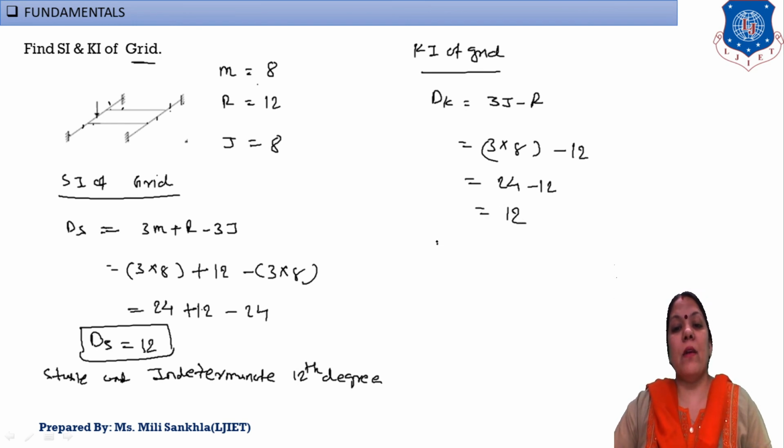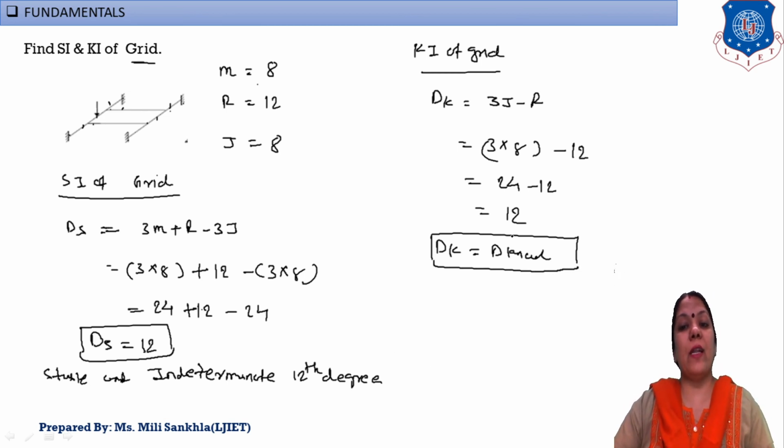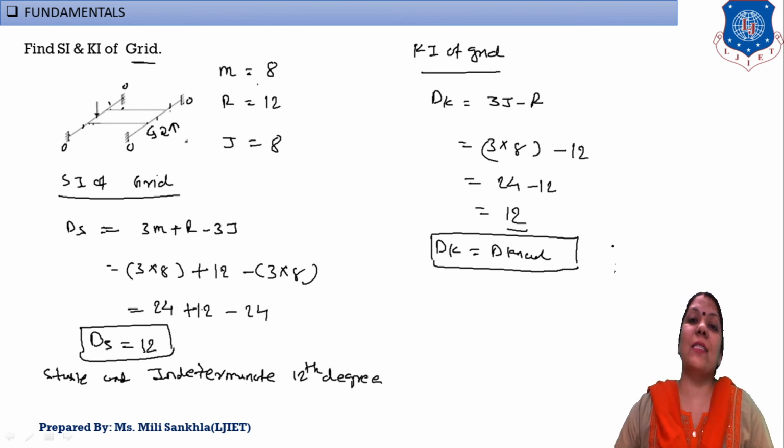And in grid dk is equal to dkNAD. Why? Because in grid there is no axial force, so dk is equal to dkNAD. Is this 12 answer right or wrong? Verify here. Fix allows 0 degrees of freedom, and this joint is allowing 2 moments, first bending moment, second twisting moment, and 1 vertical support reaction. 1 2 3 and 4 joints are given, so 4 3s are 12. That means our answer 12 is right.